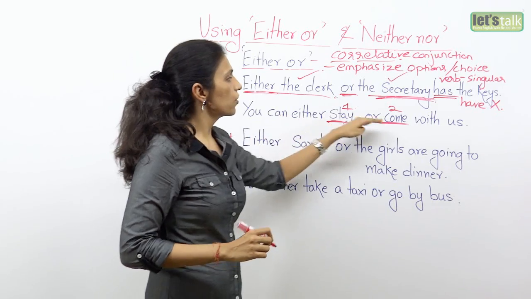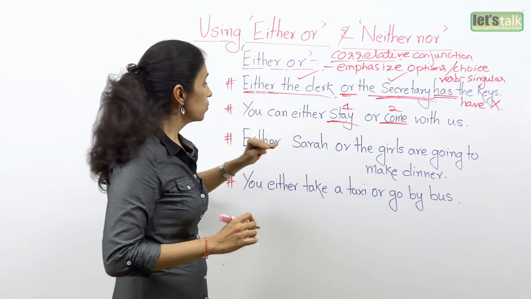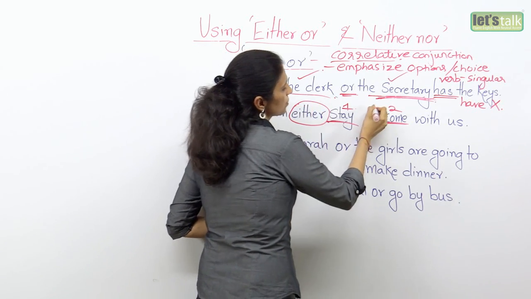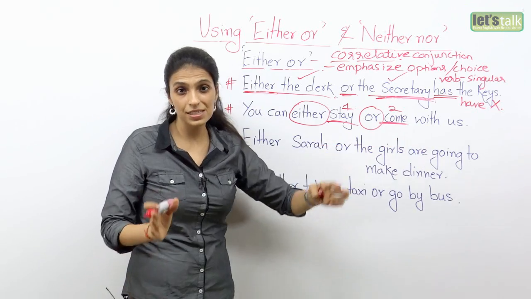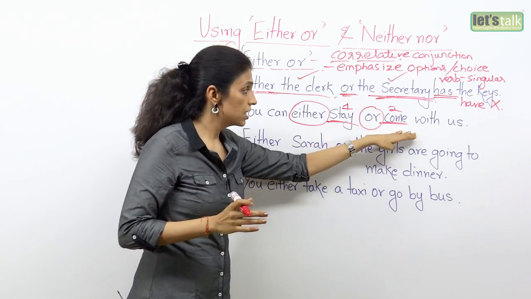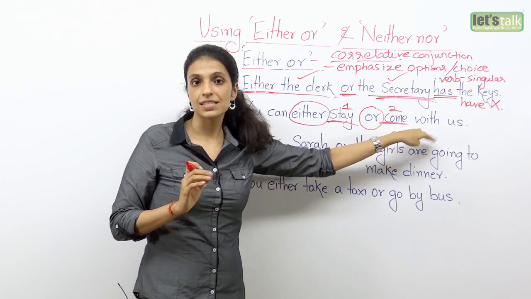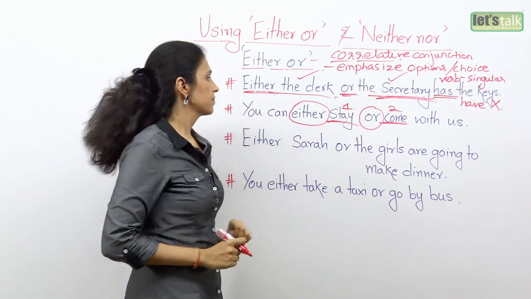You can either stay or come with us. You decide. So I'm using either and or in the same sentence, which means I'm emphasizing two options. I'm using a correlative conjunction in this sentence because I'm giving him two options.